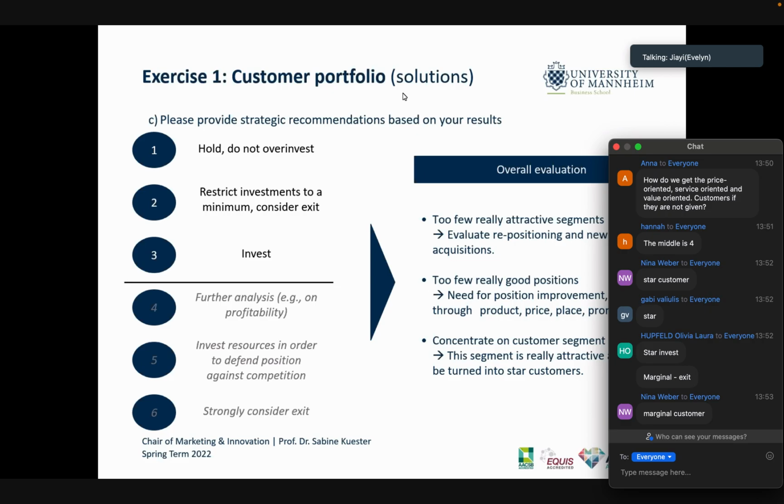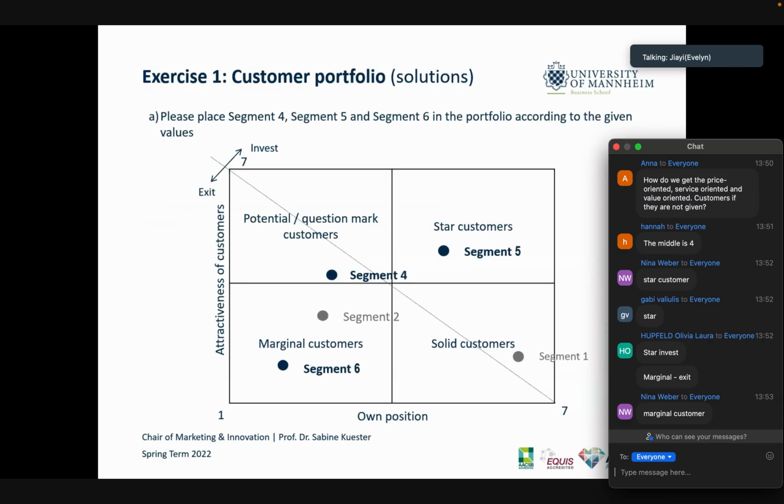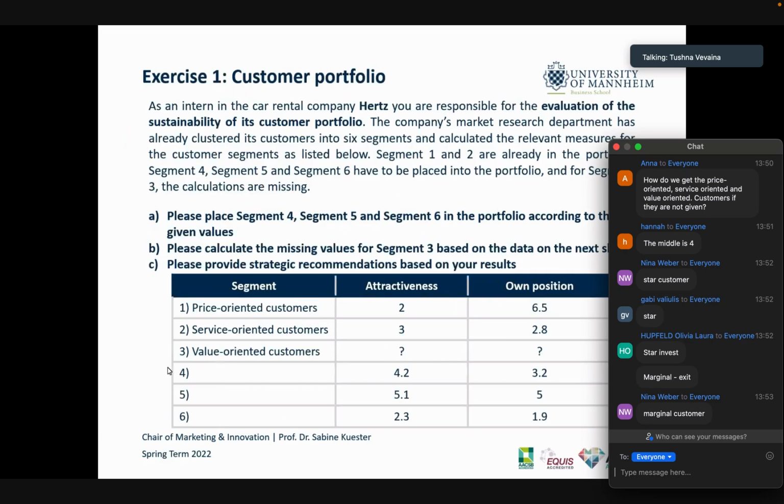Okay, and one more question. Can you please explain what this value-oriented customer is? What exactly is this value? As I mentioned, these three things don't really make a difference. It's just a segment that's been given to you for the sake of categorizing your customers. A price-oriented customer is someone who's sensitive to price.